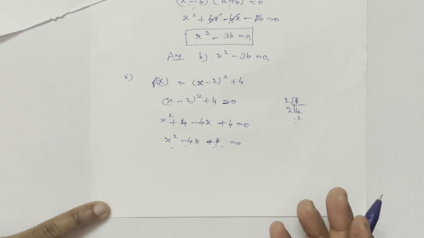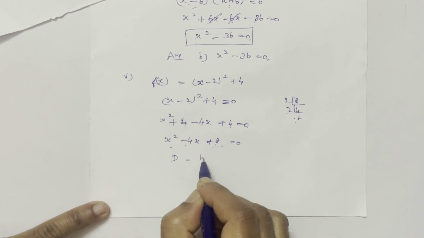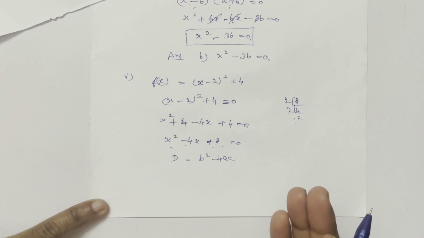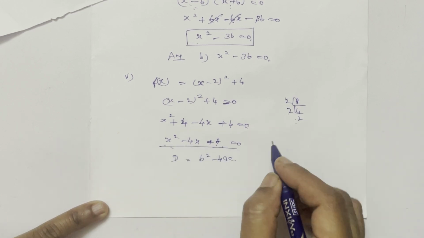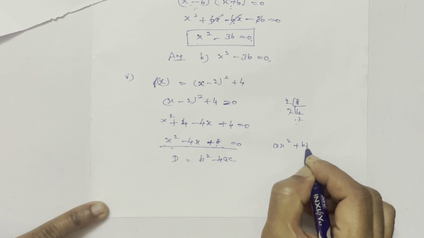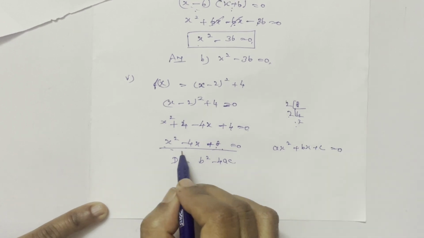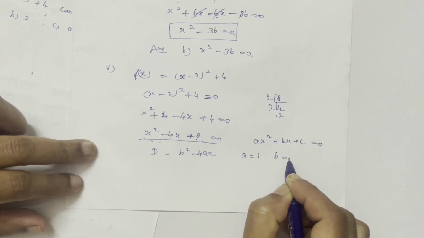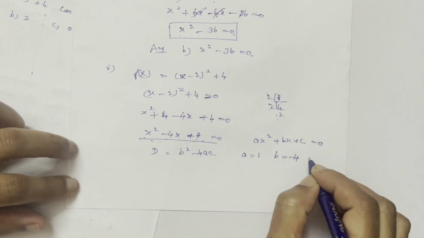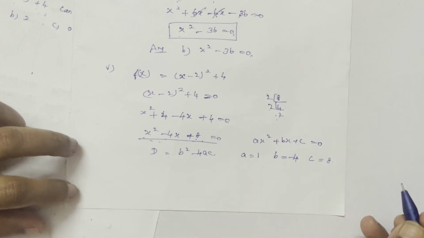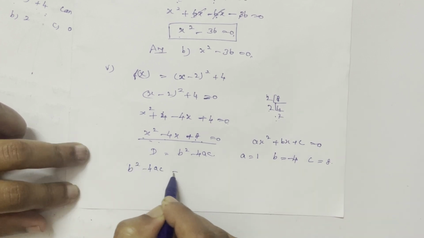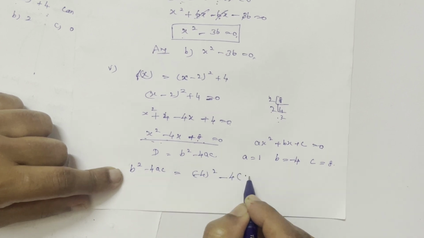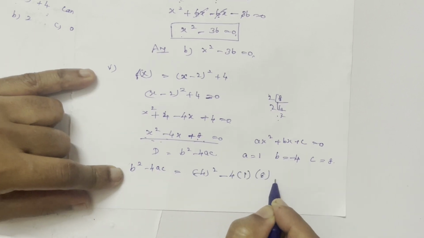So let us go with the discriminant. D is equal to b squared minus 4ac. From this we can find what type of roots it can have. This equation is of the form ax square plus bx plus c equal to 0. So from this a equal to 1, b equal to minus 4, c equal to 8. b square minus 4ac becomes minus 4 the whole squared, minus 4 into a is 1 and c is 8.